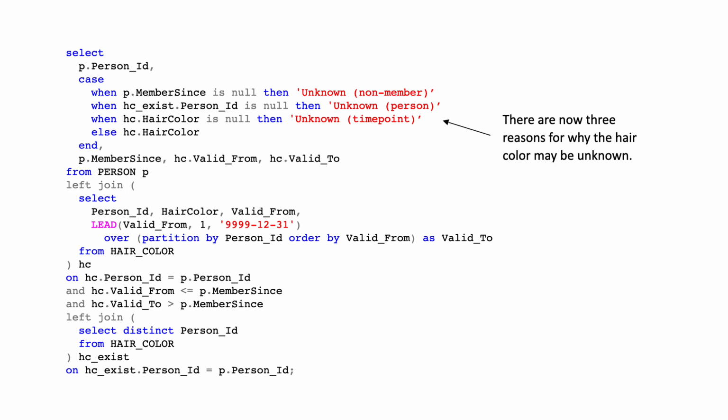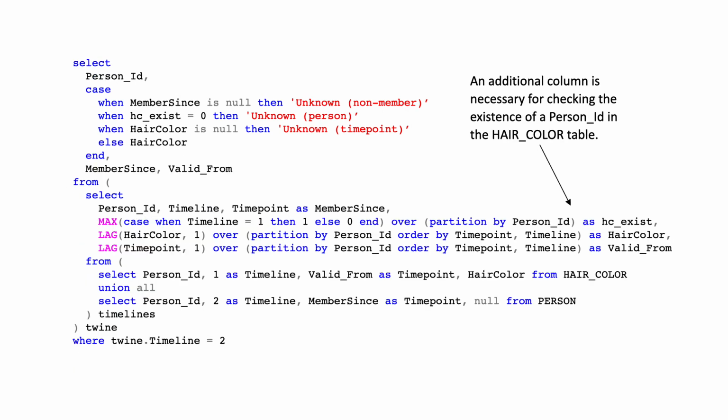If you want to do this with the twine, it will actually look exactly the same, except that we also need some sort of indication of whether a person exists at all in this combined timeline. So we can do that by introducing a conditional max that looks at timeline 1 and just indicates if there is a value for a person in timeline 1.